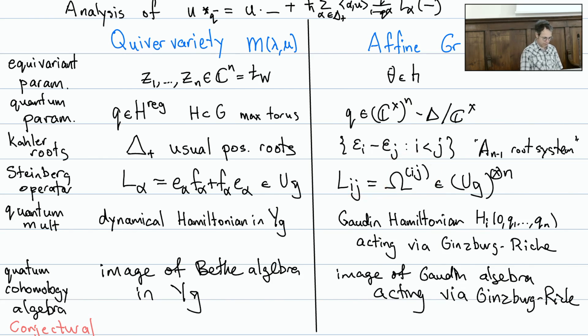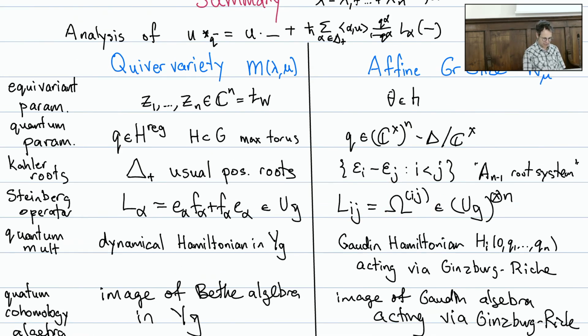We've seen that you can also try to capture not just these individual terms on the right-hand side, but this entire right-hand side. When you try to capture the entire right-hand side, you need to do something a little more complicated. On the curve variety side, that means you look at these special dynamical Hamiltonians in YG. On the affine Grassmannian side, you look at those Gaudin Hamiltonians, acting on the right-hand side via Ginzburg-Riesz.